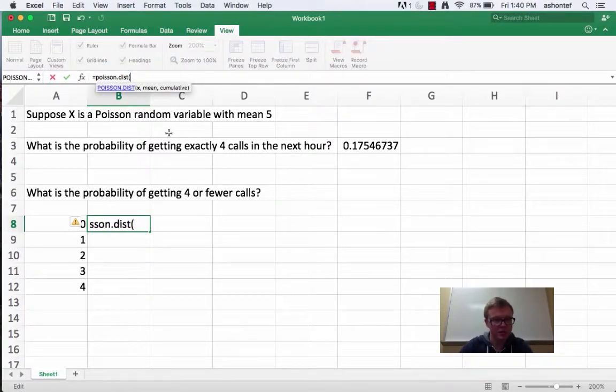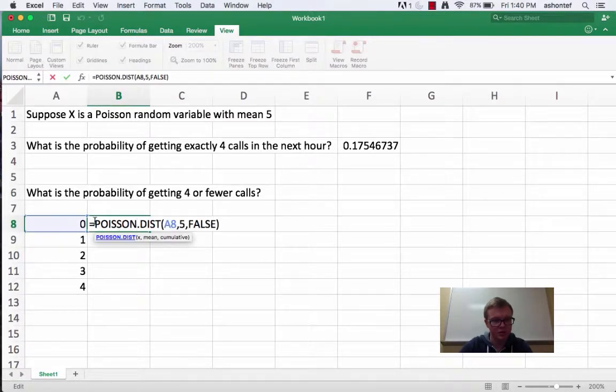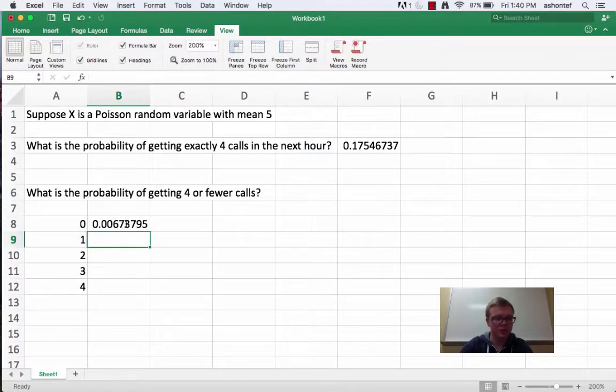open the parentheses. Instead of typing in 0 for the x, I'm going to reference that cell, and the mean was still 5, and we want the probability of exactly 0, so we do false. So that's the probability of 0.